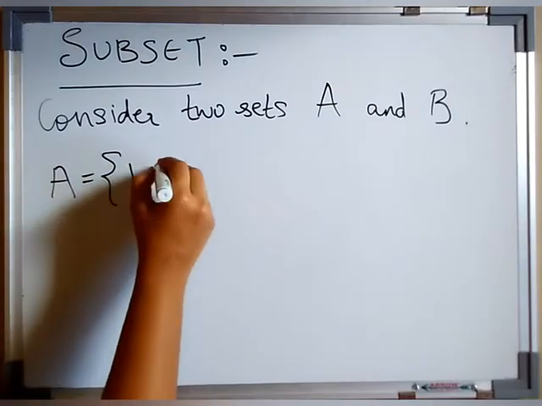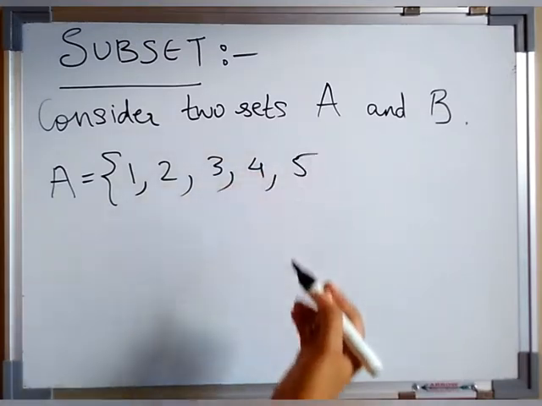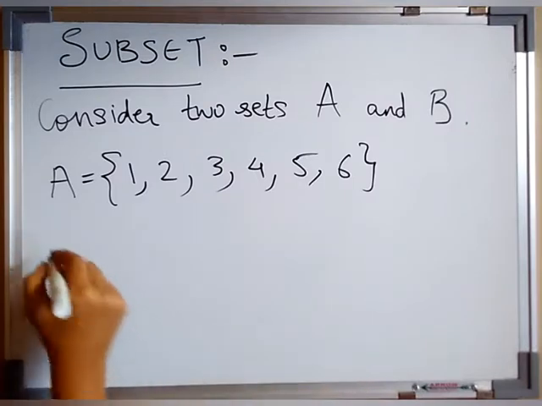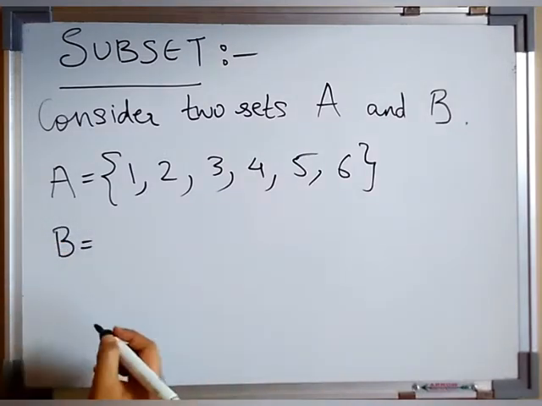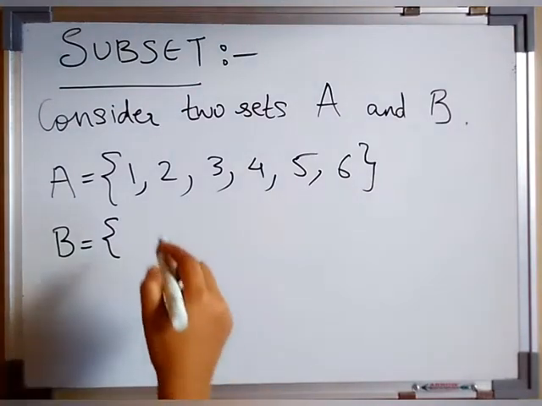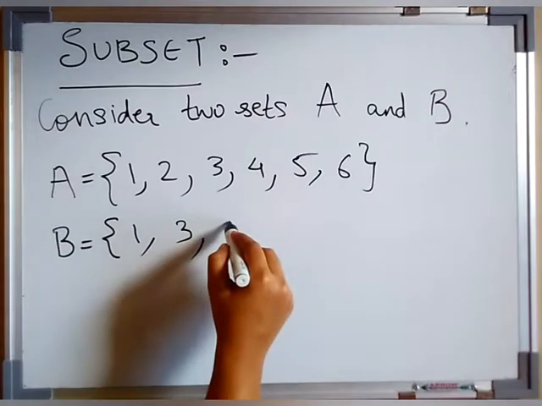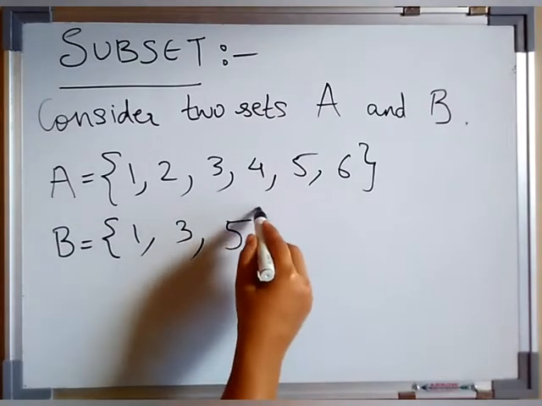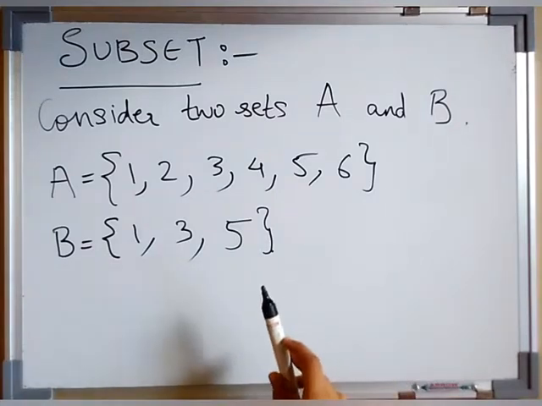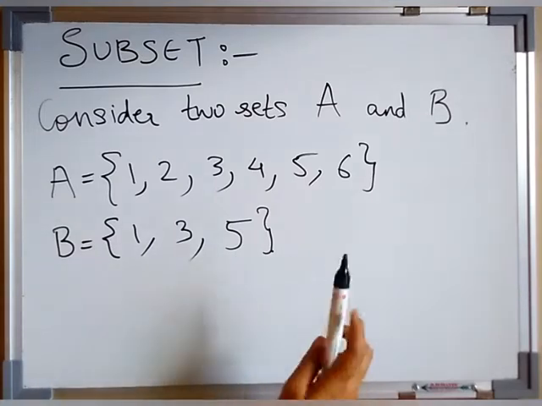A is the first six natural numbers, and consider B as the set of odd numbers less than 6. Consider these two sets.